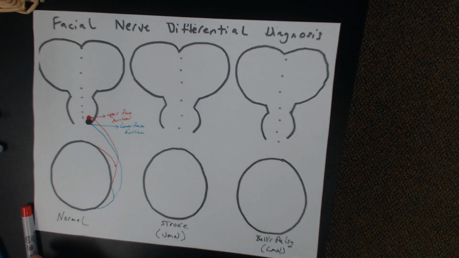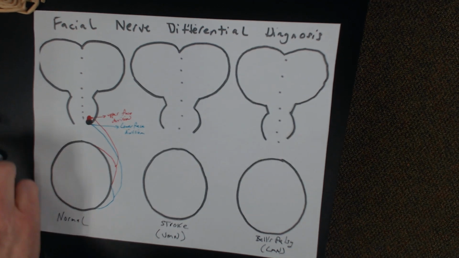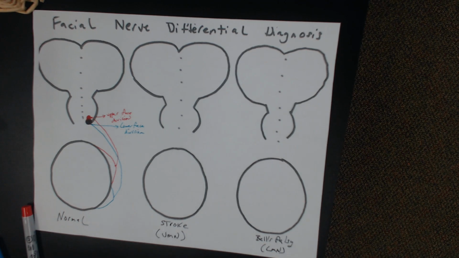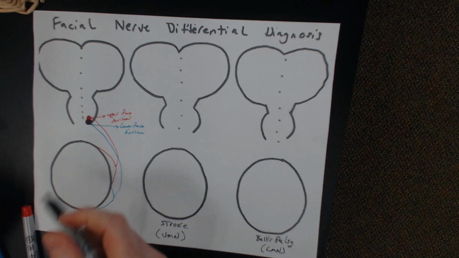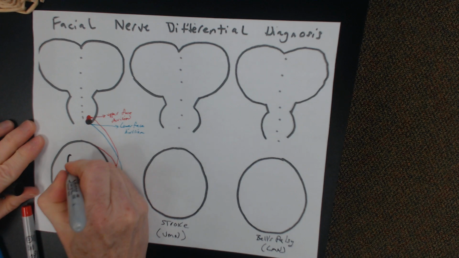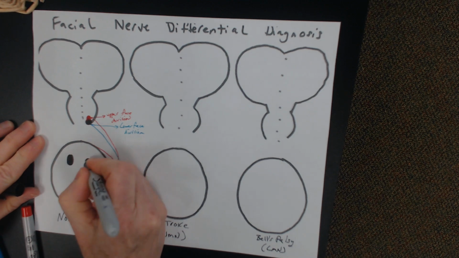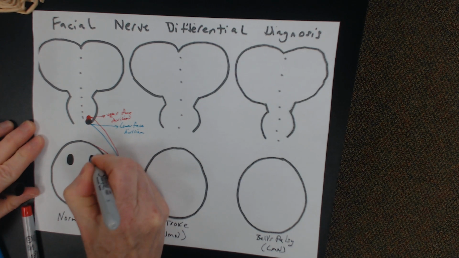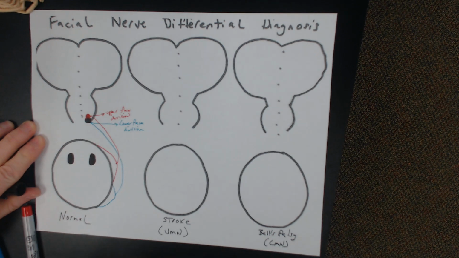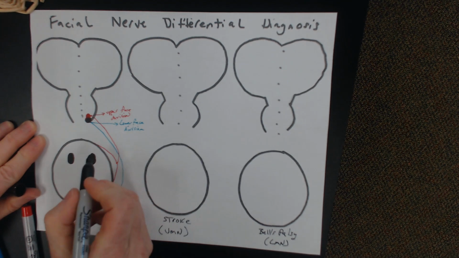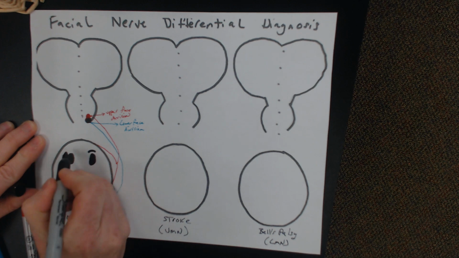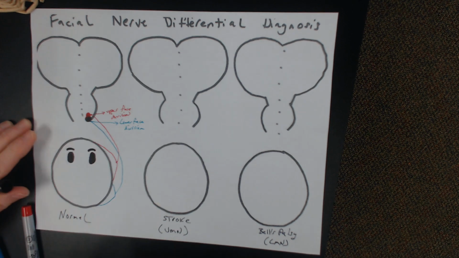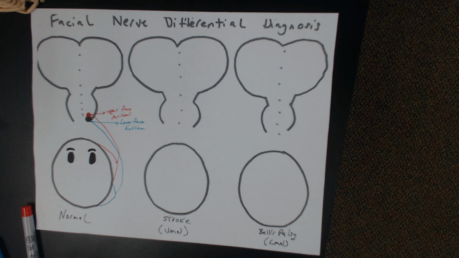When I think about patient presentation, I can draw that over here. Patient presentation, the upper face division is going to be responsible for the eyes. So a normal individual without any injury to either upper or lower motor neurons is going to have nice symmetrical eyes and eyebrows.